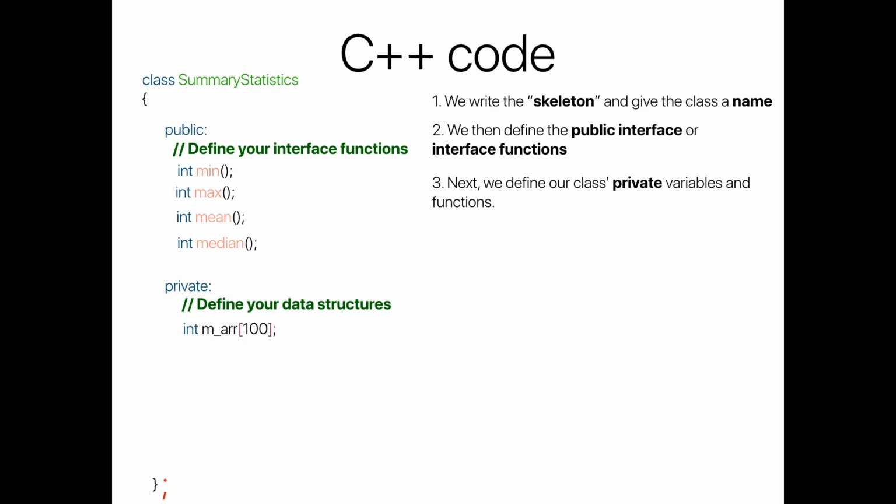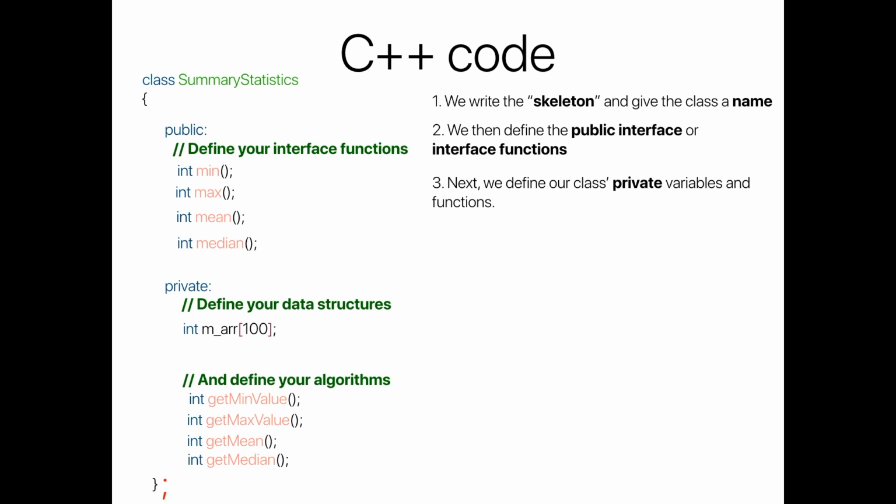I've gone ahead and defined an array containing 100 slots, and this array can only contain ints or integers. Next, we define our algorithms. And I've gone ahead and defined 4 algorithms: get min value, get max value, get mean.